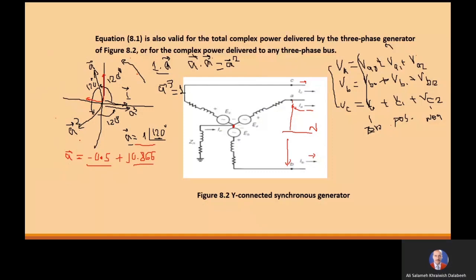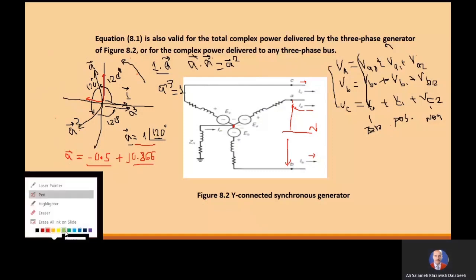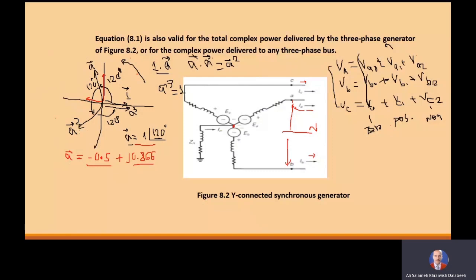And the same for A square. It has two components: the horizontal component, the component on the real axis, and the component in the imaginary axis.